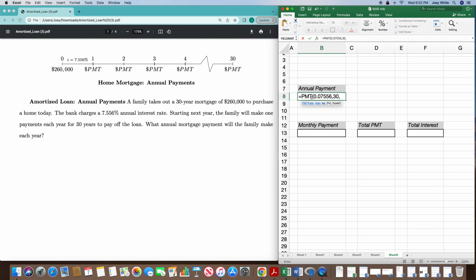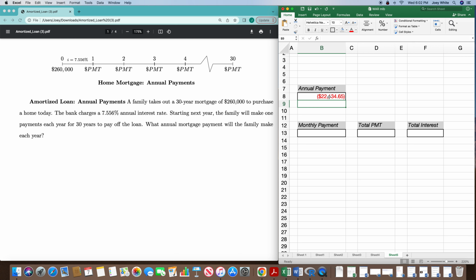Present value is just how much they borrow, so that's 260,000, comma. Future value, 0. Type, well, it's an ordinary annuity, so 0. Close parentheses, and we get $22,134.65.